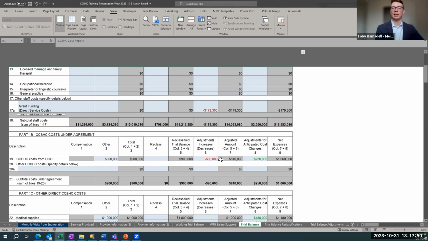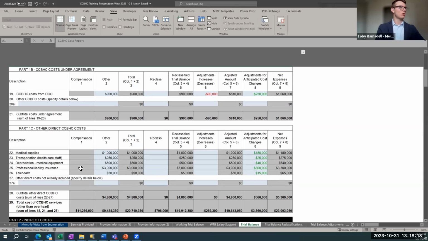If there's any gain on related party transactions, there would need to be an adjustment to market. So that's what's happening in this case. And then you can also anticipate costs for increase in DCO services as well. All right, I'm going to finish this part of the cost report. We'll keep moving through the trial balance, and I'll get to this next question that came up in the chat after that.